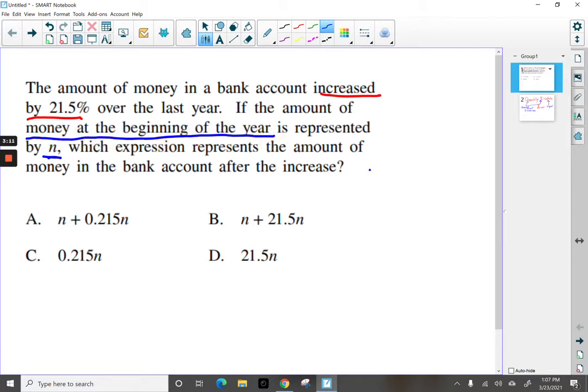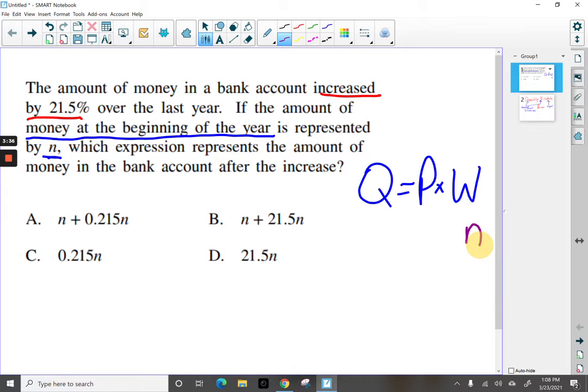So looking at my quantity, percent and whole, I am given two pieces of information. The first one I'm going to look at is my variable, which is the money at the beginning of the year. This represents my original amount. We'll call that N.